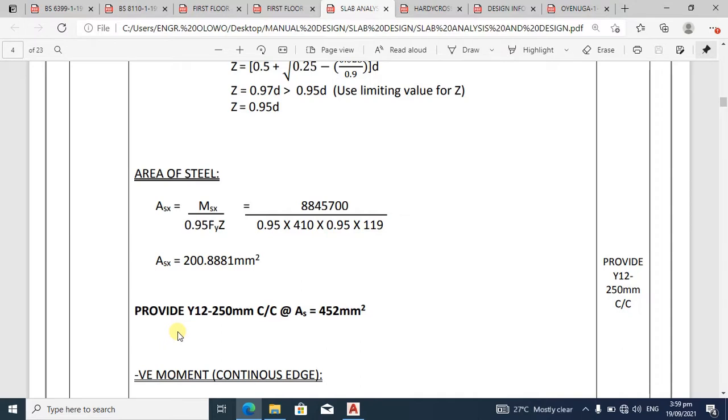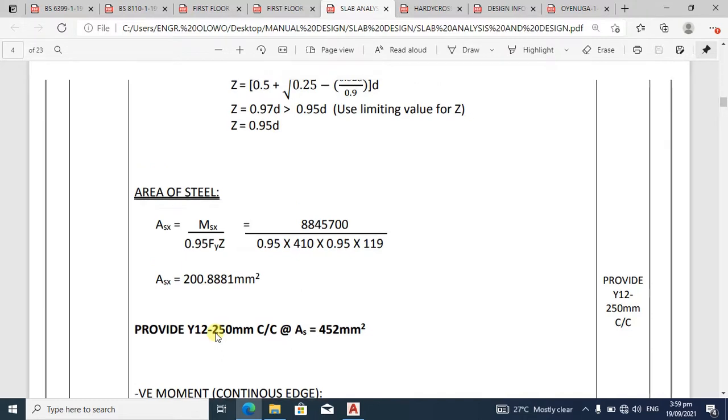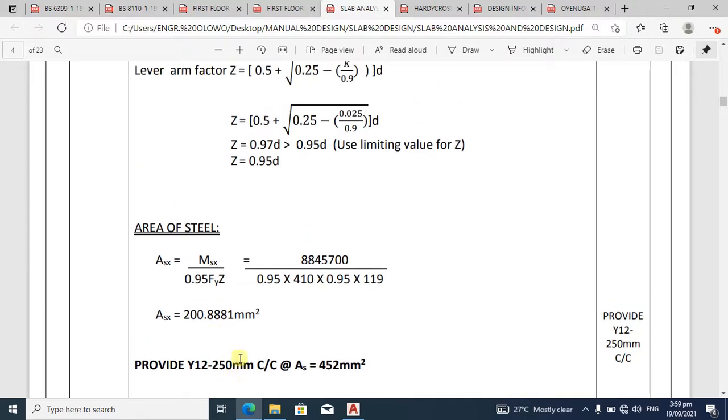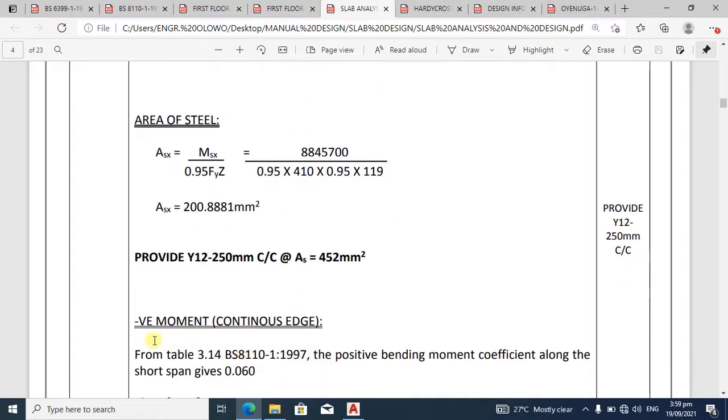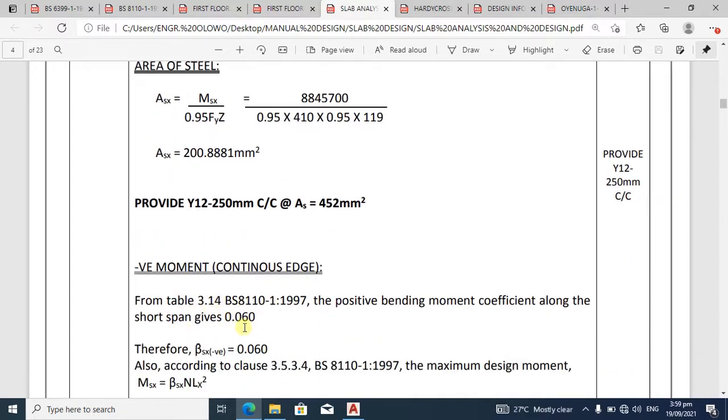So this value is a very good value, at least Y12 at 250 millimeter center to center. We are going to stop here for now. Then in the next class we are going to look into the negative moments around the short span.